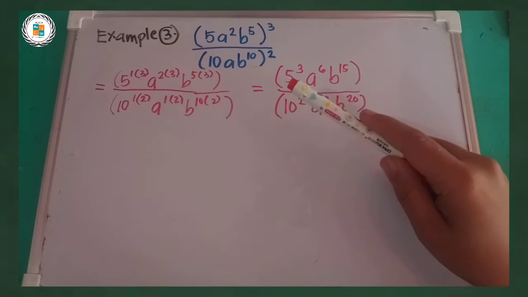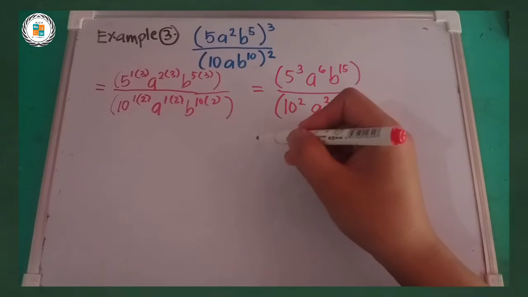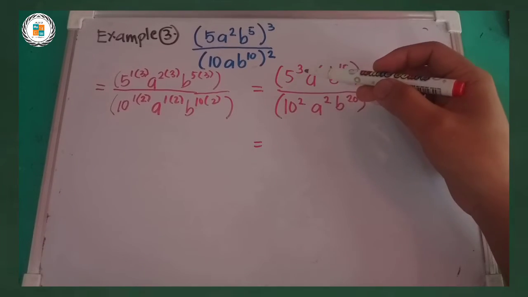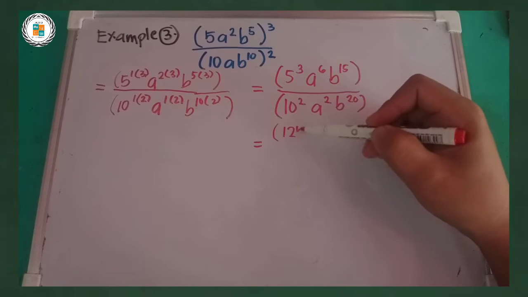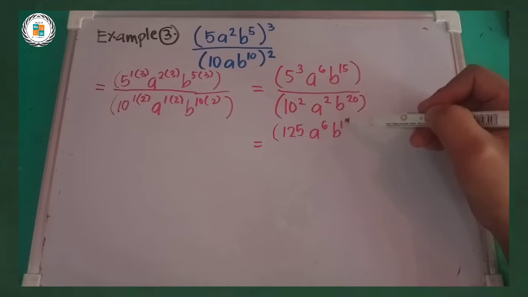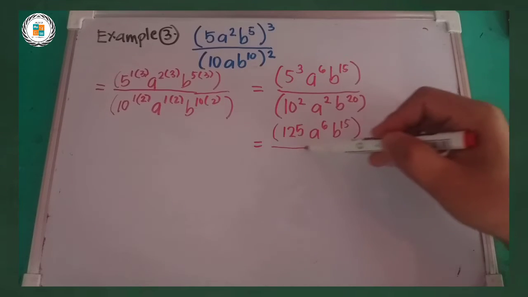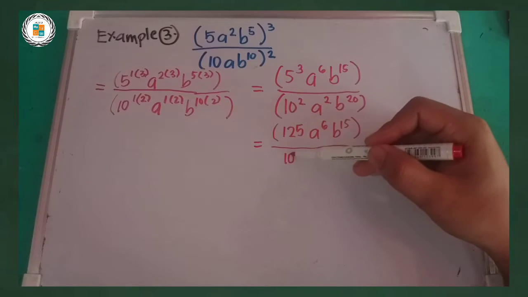So we have here 5 raised to the power of 3 and 10 raised to the power of 2. Now 5 raised to the power of 3, that's equal to 125, correct? And copy a raised to the power of 6 and b raised to the power of 15. Over 10 raised to the power of 2, that's 100, correct?